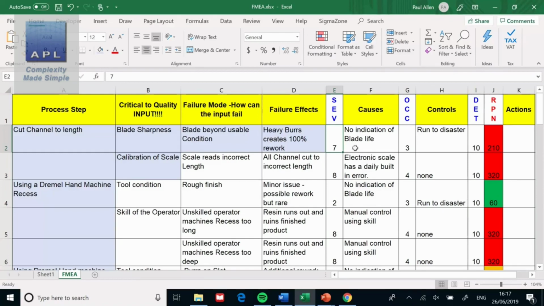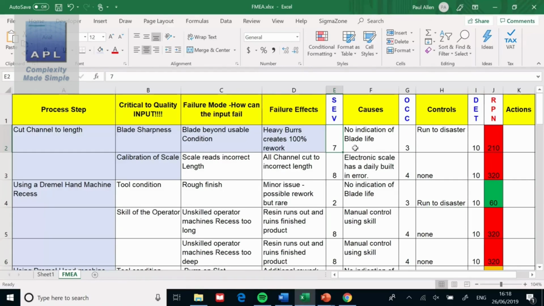But to me, something that results in 100% rework is going to be high on the severity scale. Rework is definitely not allowed ever, and therefore if you're getting 100% of it, it's going to be in the high scale as far as severity is concerned.